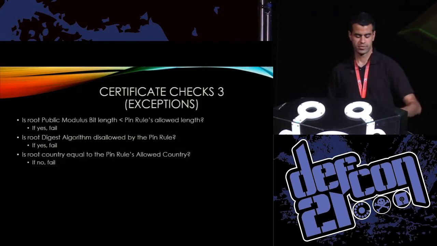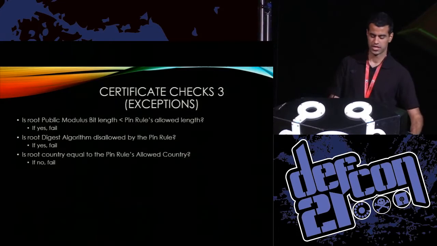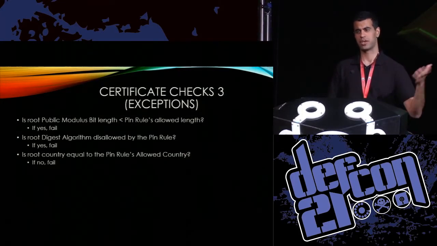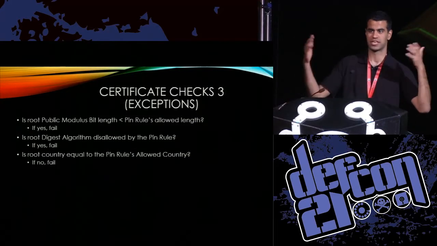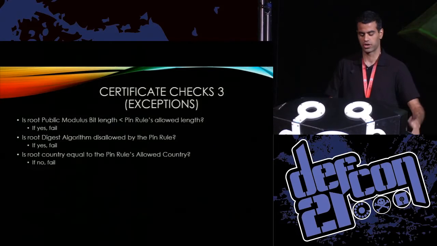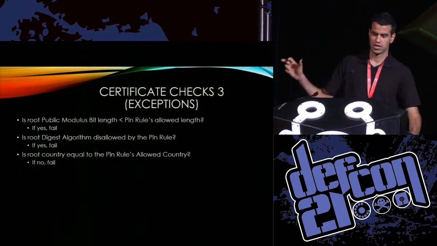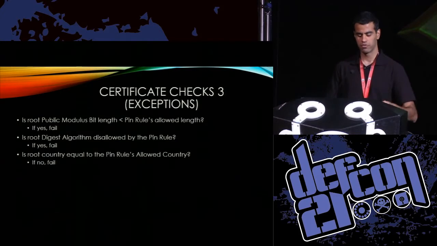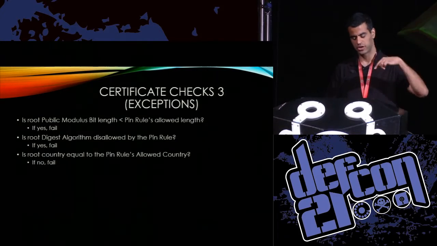And here are what we call exceptions, where we are doing heuristics on the certificates. We check the public modulus bit length, which is a measure of the key's strength. If you have a 512-bit key, that could be considered small, and if you have a bigger key, that could be considered stronger. So we have a minimum bound on it, so the user can check that.